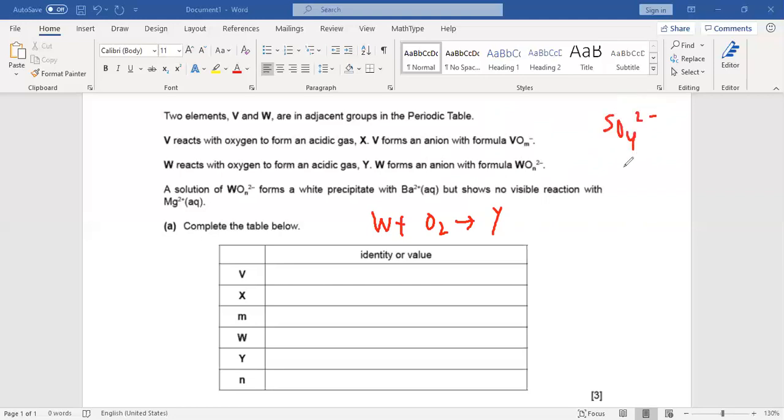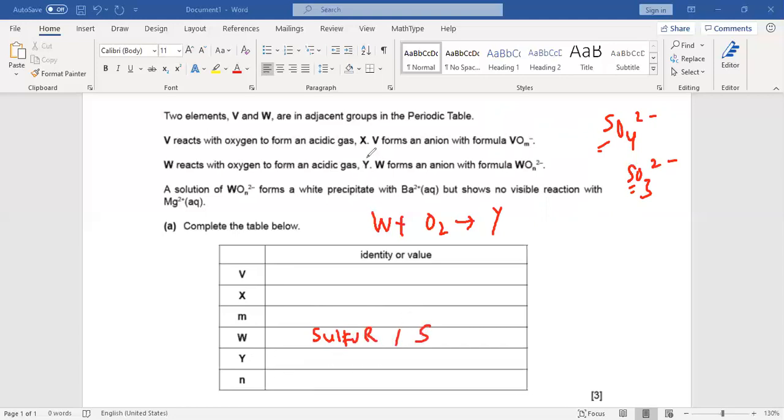We also have SO3 2 minus. And these are the possible 2 minus charges, SO4 and SO3. So I presume that this one is S. My hypothesis is that W is sulfur.